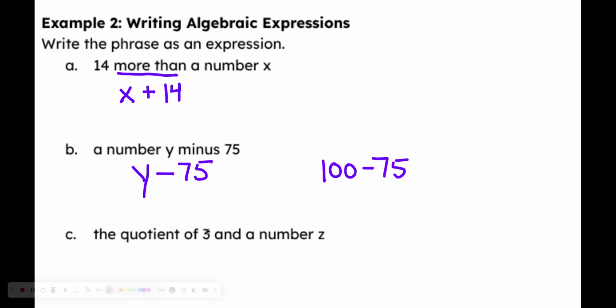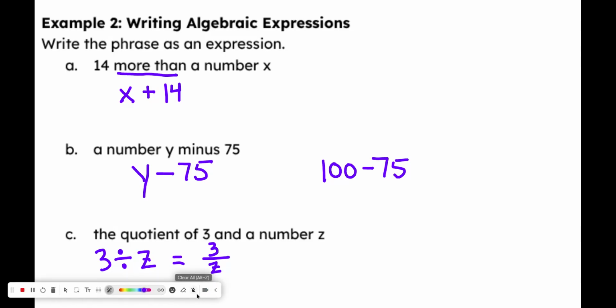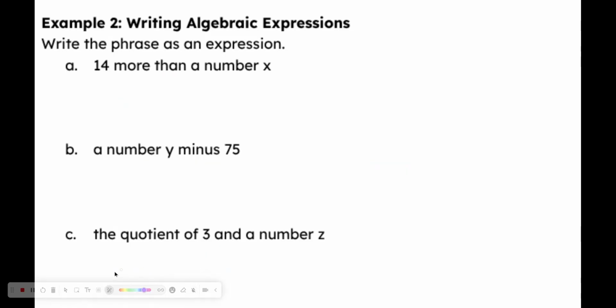So the quotient of 3, that means 3 comes first, and I am dividing it by z. So I can write it like this, or I can also write it as 3 over z. These both mean the same thing, the quotient of 3 and a number z. So that means I have 3, and I am dividing by whatever number z is.